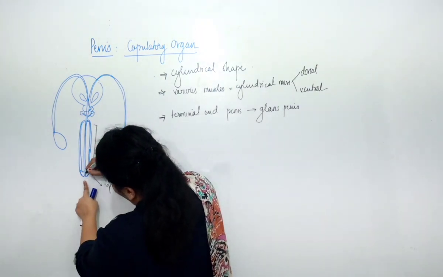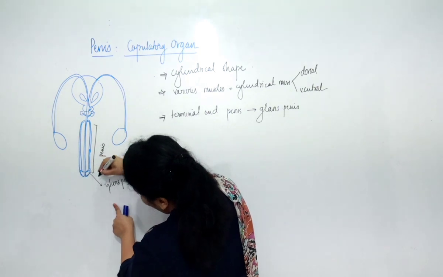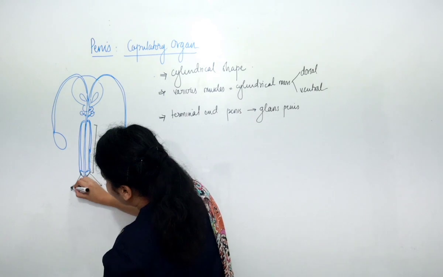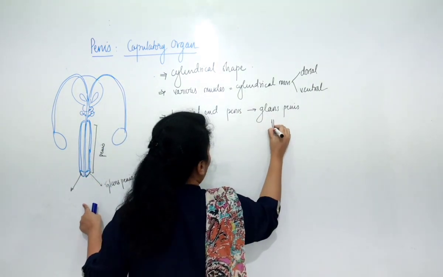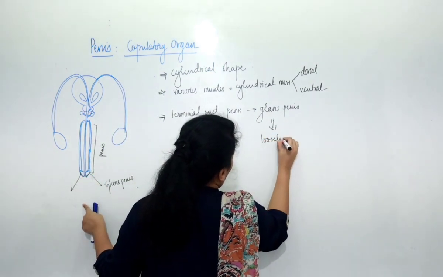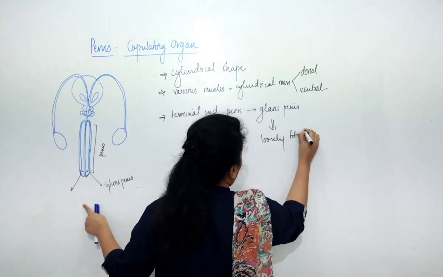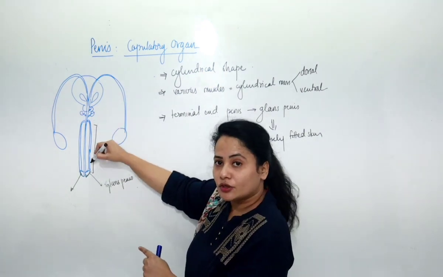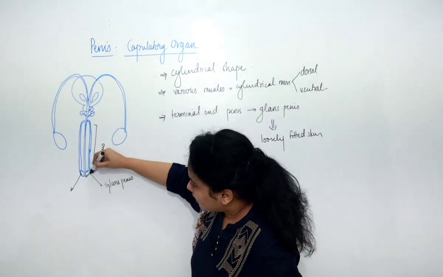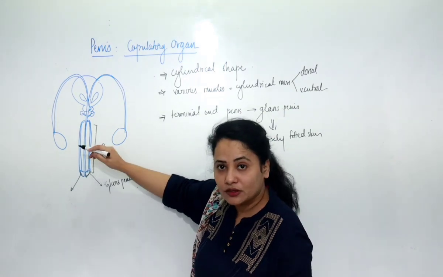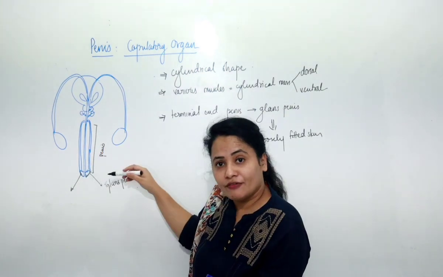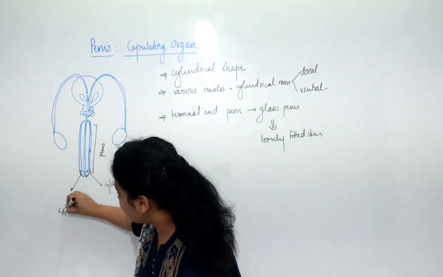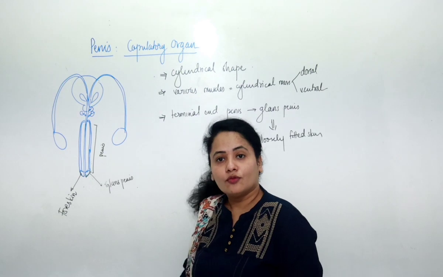The anterior portion is known as the glans penis, which has a loosely fitted skin on it, and this loosely fitted skin we call the foreskin.